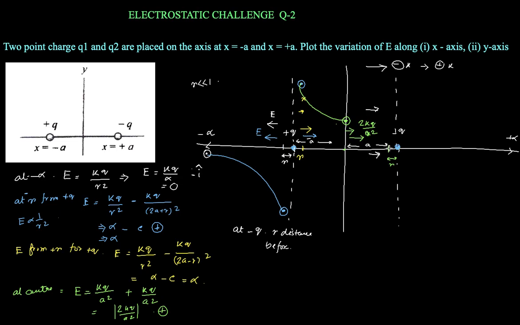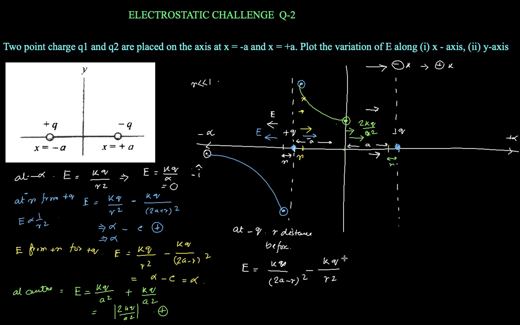So at plus r, that is at the r distance before, E is equal to, due to this field, kq by 2a minus r whole square, and as it is a negative charge, minus kq by r square.